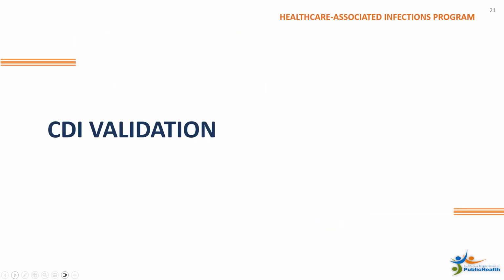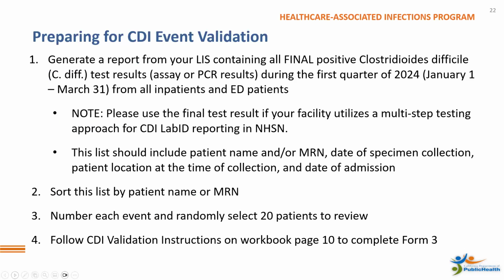Now we're going to move into CDI validation. Next slide. So you'll begin to see a pattern here. So we're preparing your line list from your lab. So you want to reach out to your laboratory and ask for the raw data of all of the final positive C. diff lab results.